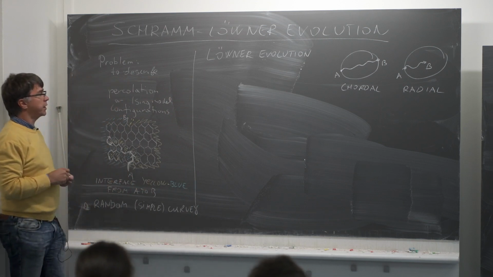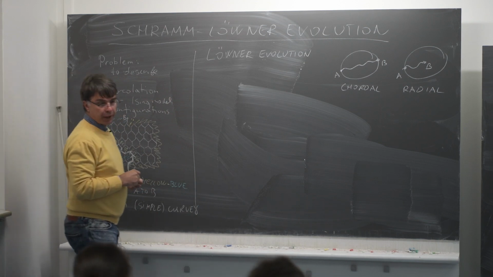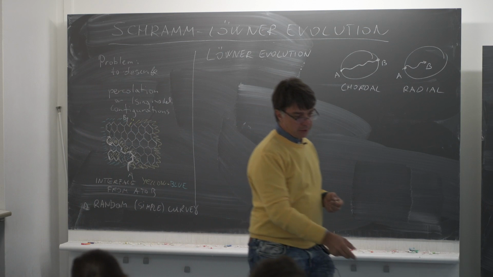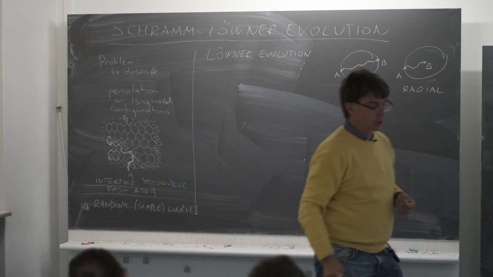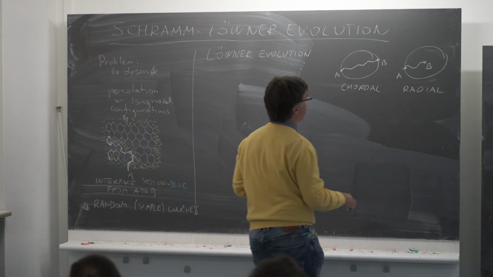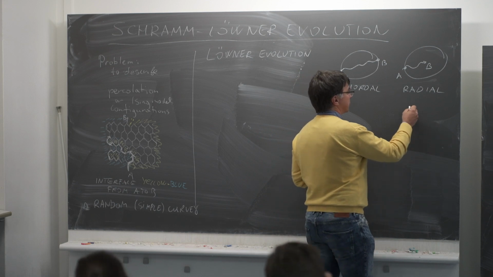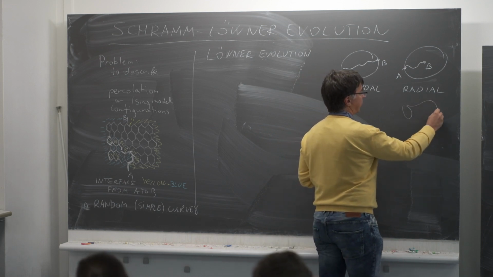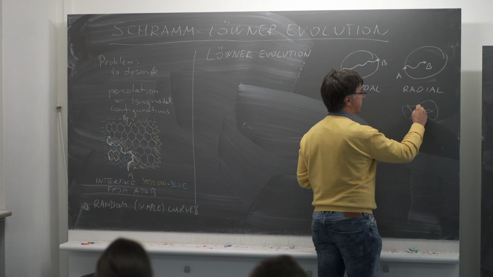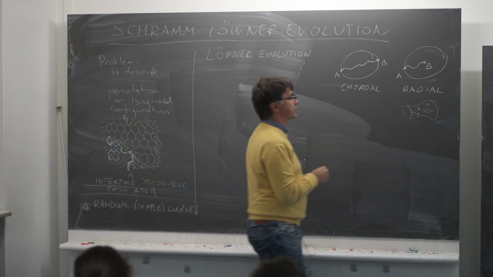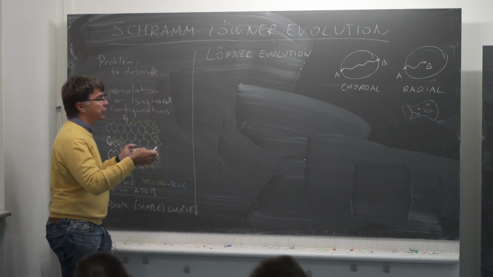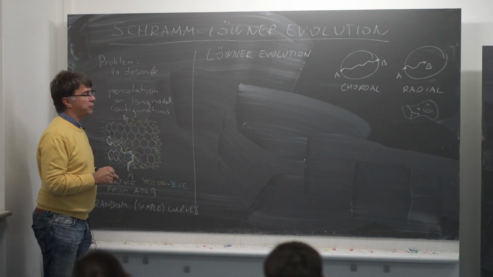And then there is a radial setup. In principle, you can have more complicated setups. You can draw, for example, Riemann surfaces with some marked points, and you can draw curves on them, but then it becomes more complicated because you should look at the moduli of these surfaces and so on.